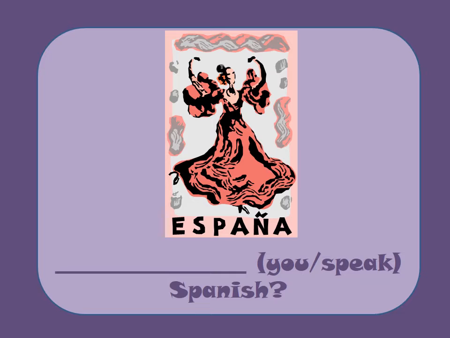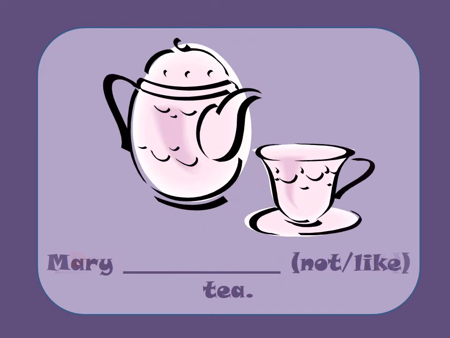You speak Spanish? I'm asking you. So you takes do or does? Yes, of course do. I'll say, do you speak Spanish? Mary not like tea. So Mary is the third person. Don't or doesn't? Yes, very good. Doesn't like tea.